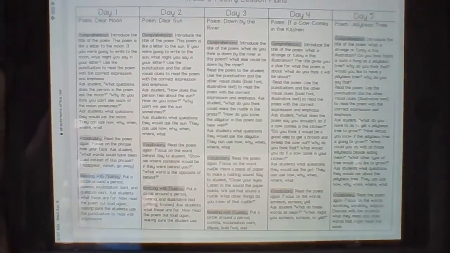Okay? All right, so for writing, day 3, the poem that you are reading is called Down by the River. As you see here, the top says Down by the River. After you read that, you are going to answer some questions about it. What do you think is down by the river in this poem? What else could be down by the river? Make sure you're looking at punctuation and reading the poem in the right way, with expression and emphasis.